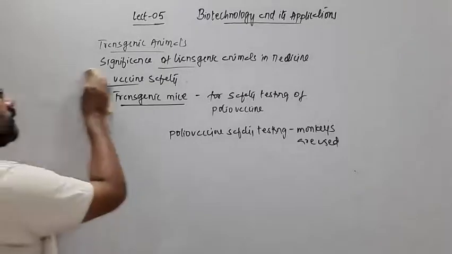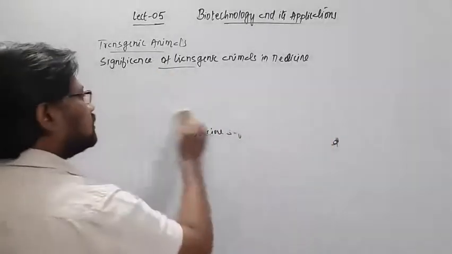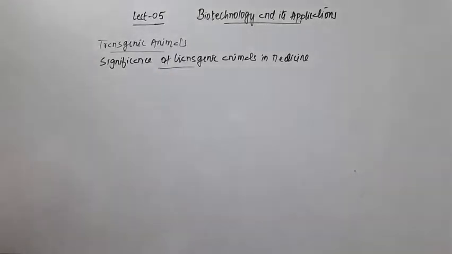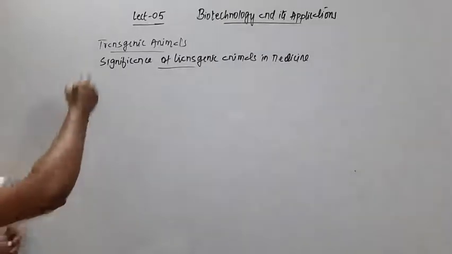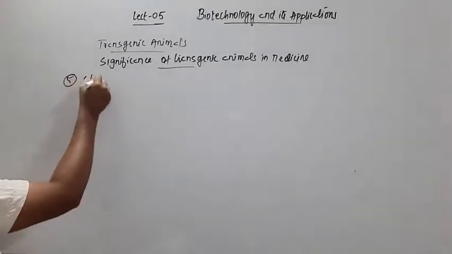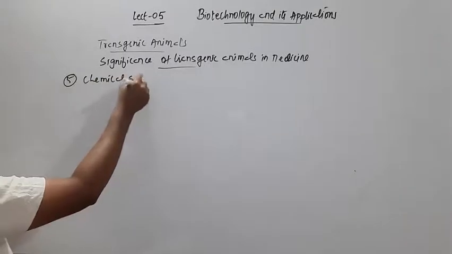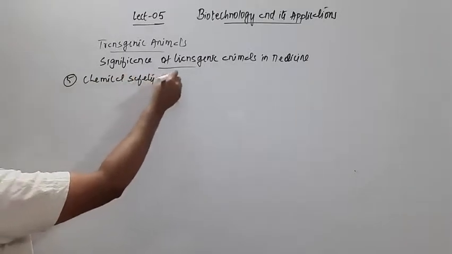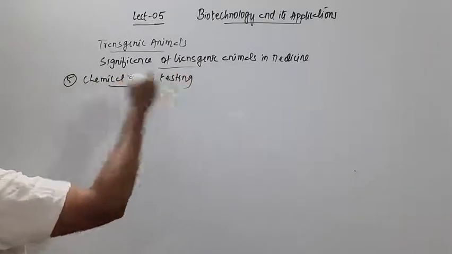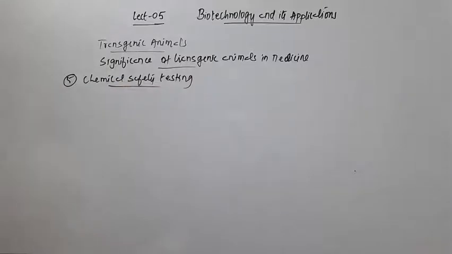Then the last one under this is chemical safety testing. So I'll talk about chemical safety testing. The procedure of chemical safety testing is the same as testing the toxicity of drugs.